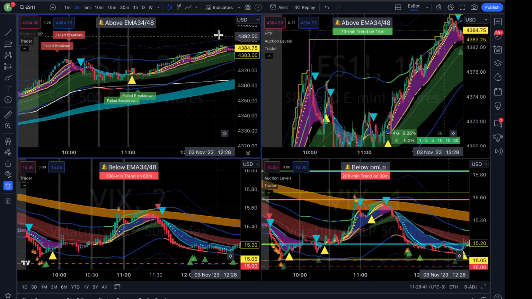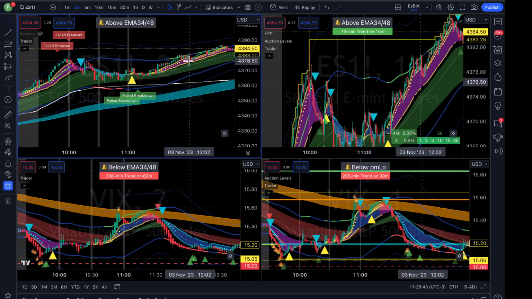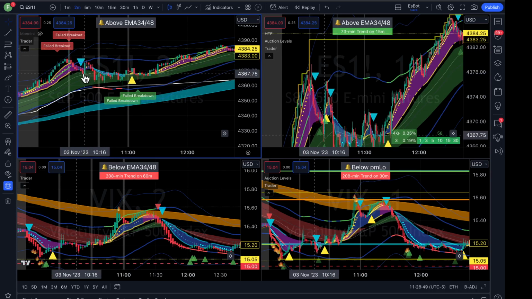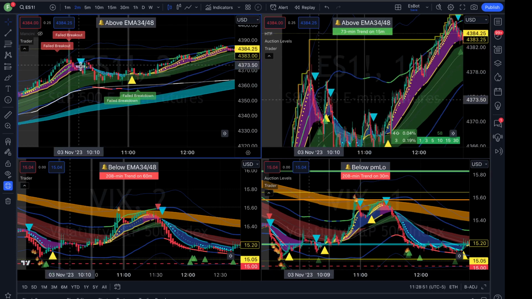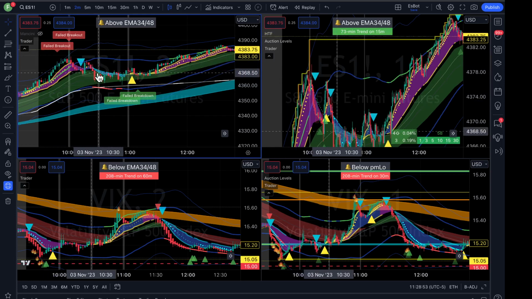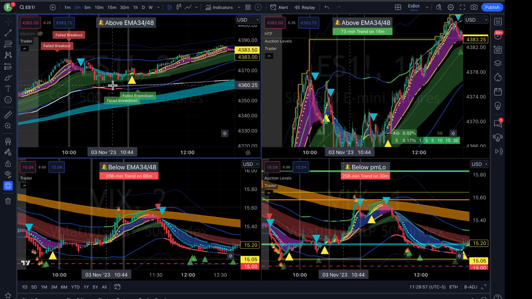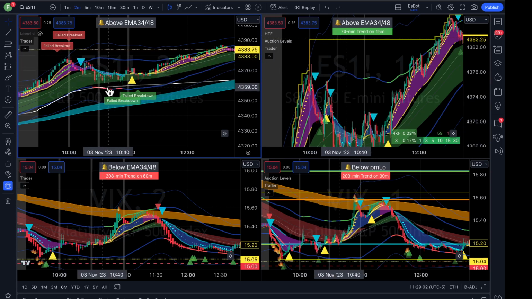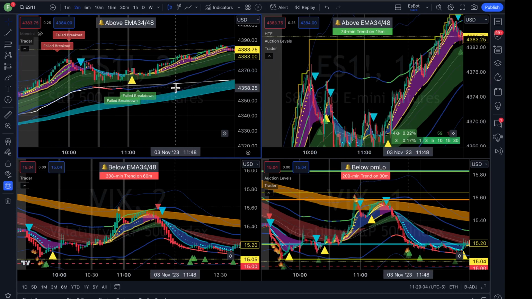So it's more forgiving because you're trading with the trend. Whereas if you're trading against the trend, you get into this and then it bounces, it's more unforgiving. Now, obviously, you would have made money here, even if you traded against the trend. But the problem is, while you're in this call, you're not getting ready for the next upside.